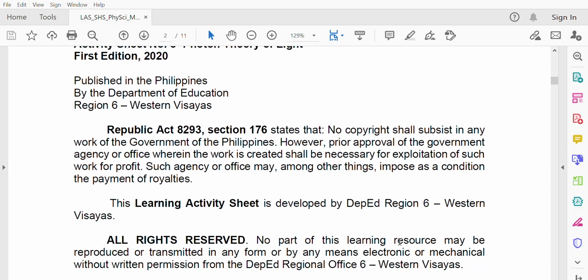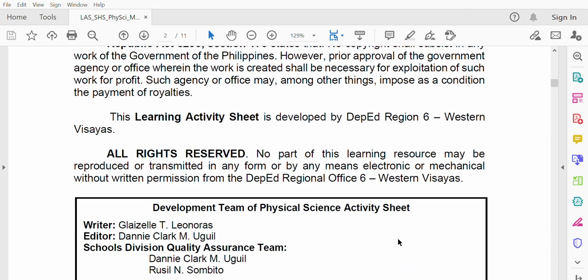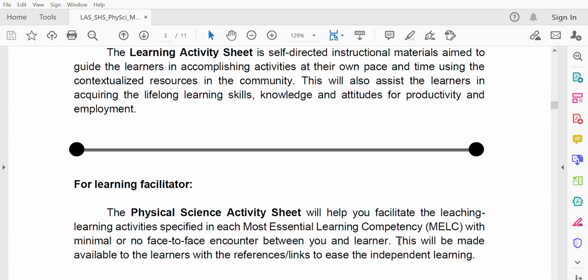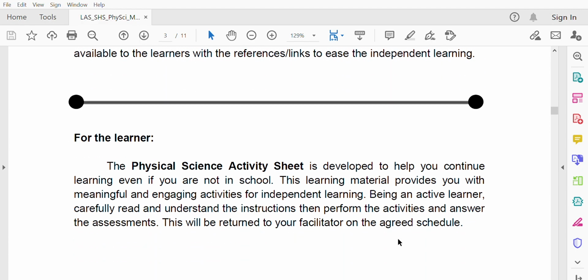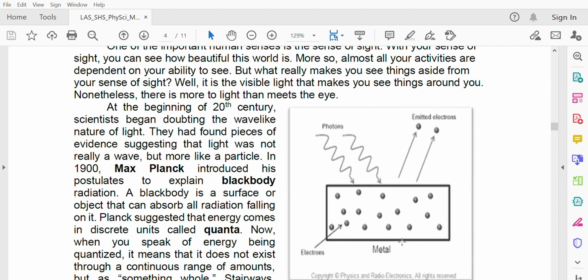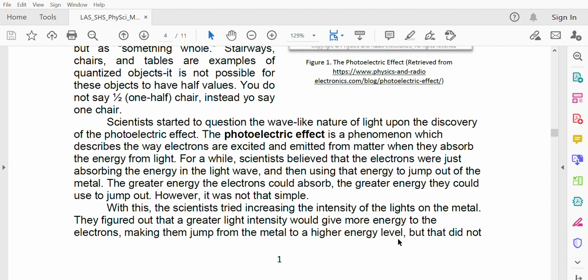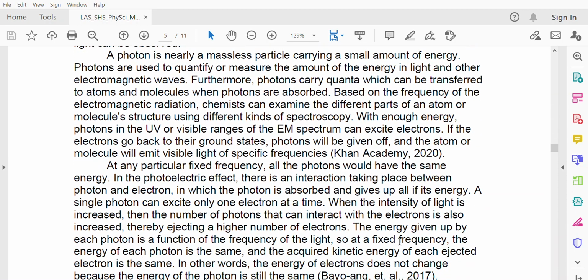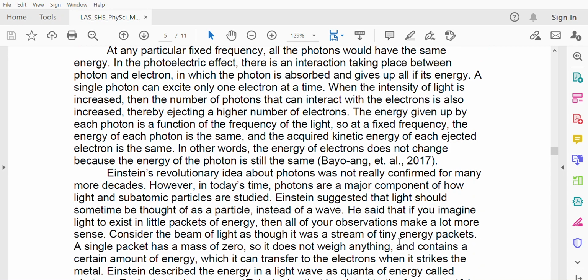I hope that this will help you. We will scroll down until we reach the page with the solving problems. I will not discuss this part. I will go straight to the solving problems.